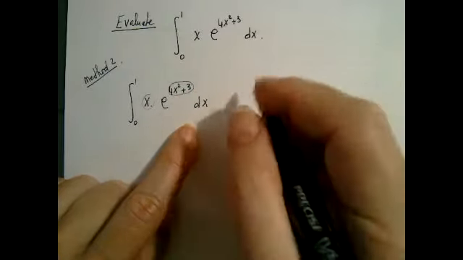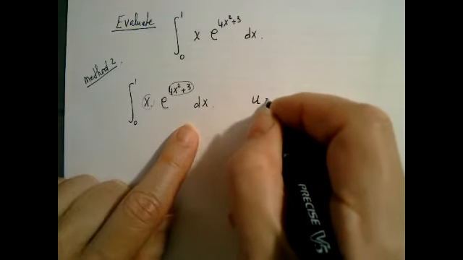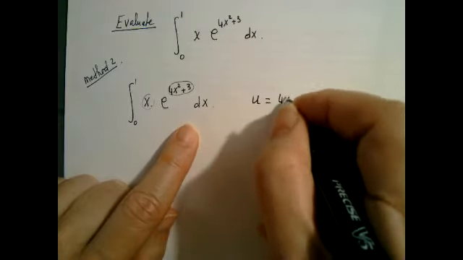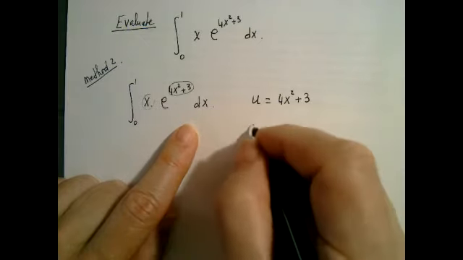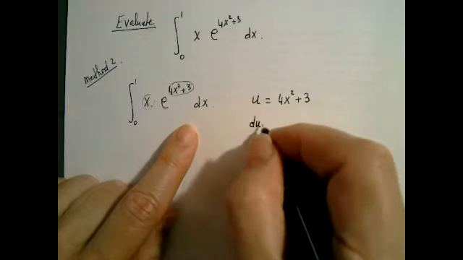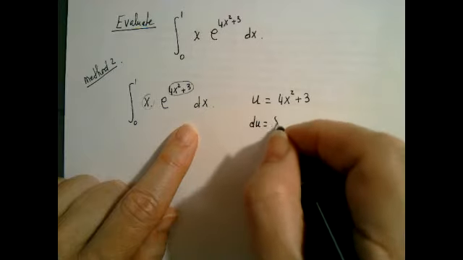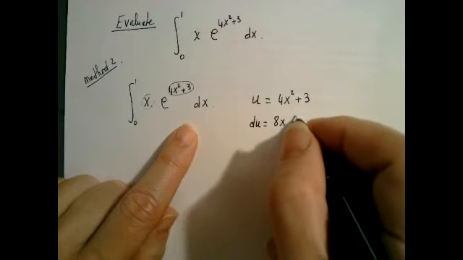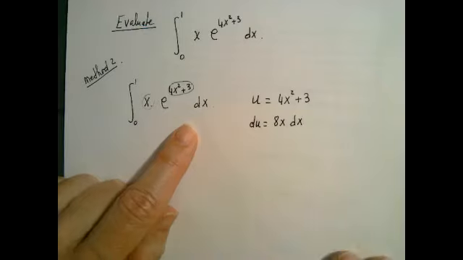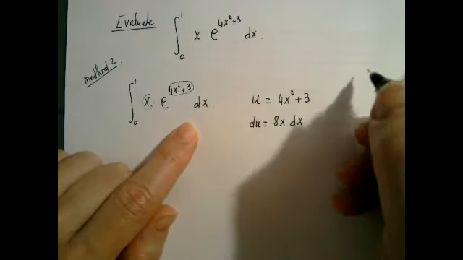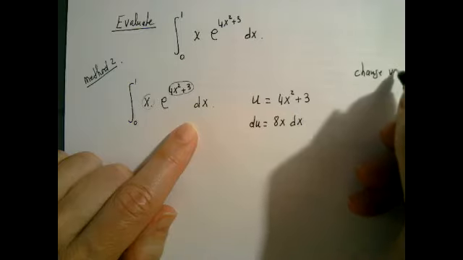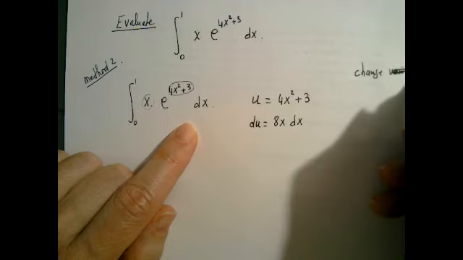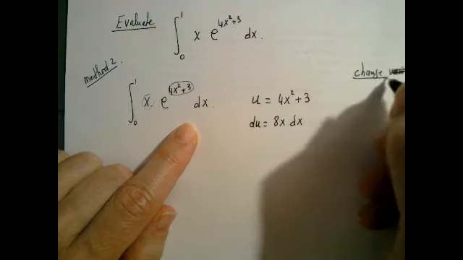So we're gonna introduce my u. My u is 4x squared plus 3. Then my du is the derivative of 4x squared, which is 8x dx. I'm gonna change my variable immediately. And let me be clear how we change the limits.